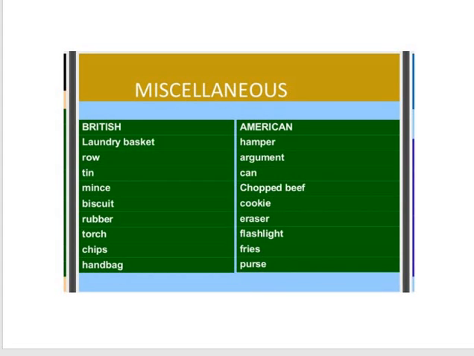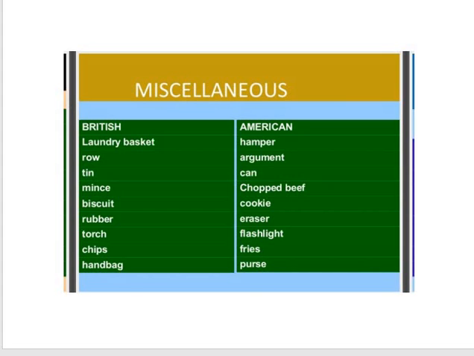Next is miscellaneous. British, American. Laundry basket, on the other side Americans say hamper. Row, argument. Tin, can. Bully beef, chopped beef. Biscuits, cookie. Rubber, eraser.